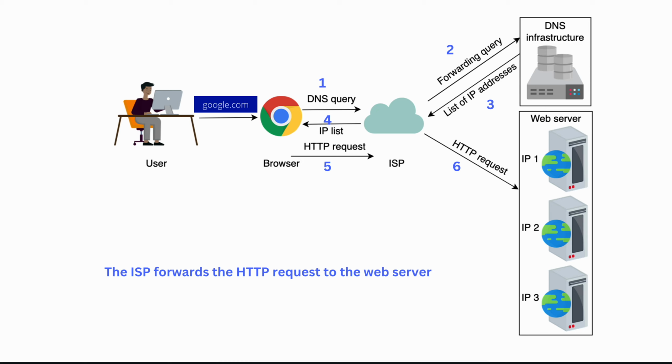So there is a possibility that for every domain name, like google.com, the corresponding IP can be found at the ISP, the internet service provider. Like Airtel broadband, Airtel is providing internet services, right?